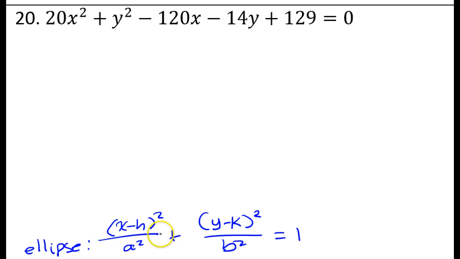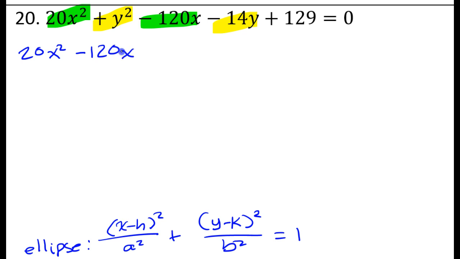What matters is we need to group together the x terms and the y terms. And the 129 needs to go to the other side. So that's going to give me 20x squared minus 120x plus y squared minus 14y is equal to negative 129.